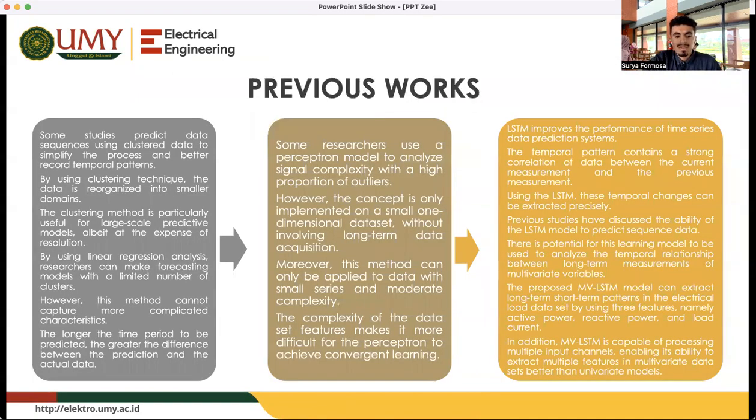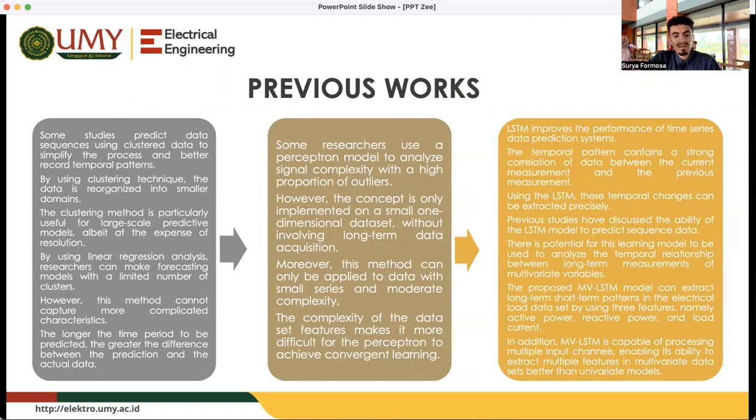The previous work. Some studies predict the sequences using collected data, simplify the process, and better record temporal patterns by using clustering techniques. The data is reduced into smaller dimensions. The clustering method is useful for large-scale predictive model applications, at the expense of resolution.